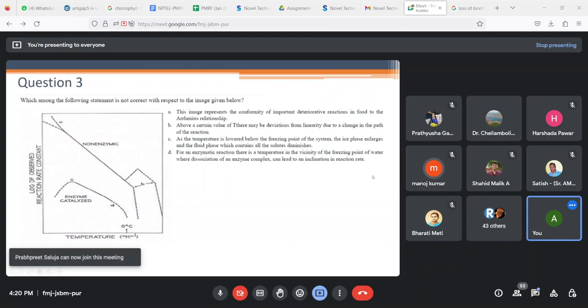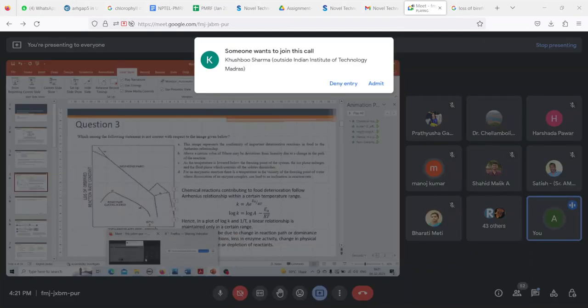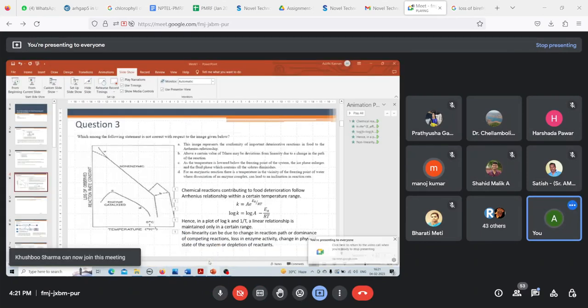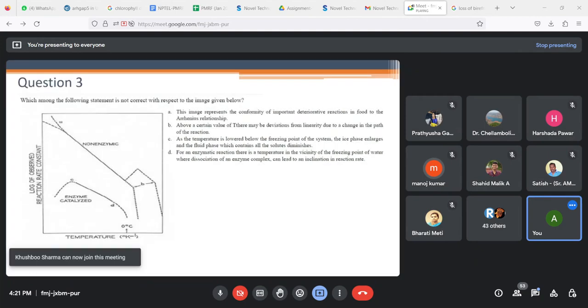These are known as deteriorative reactions, where you have some unfavorable changes happening inside food throughout your production processes or during storage, because you're subjecting the food to various kinds of conditions. So in all those cases, there will be some kind of deteriorative reaction continuously happening, resulting in a reduction in the quality of the food throughout the process.